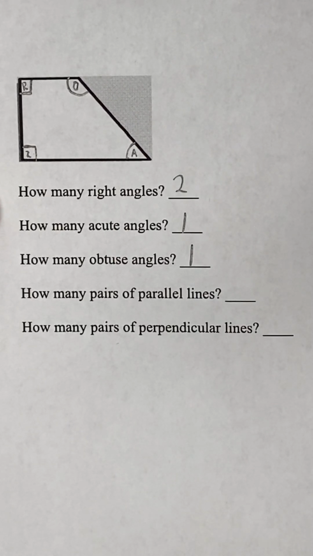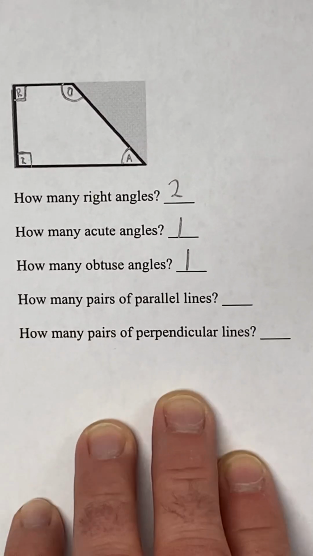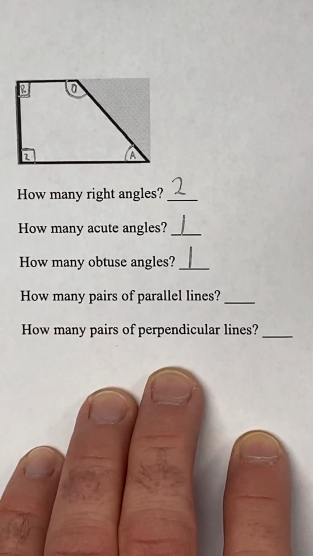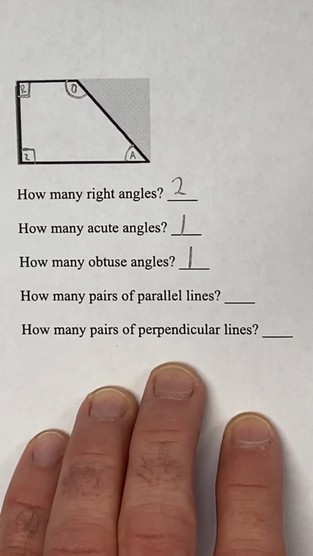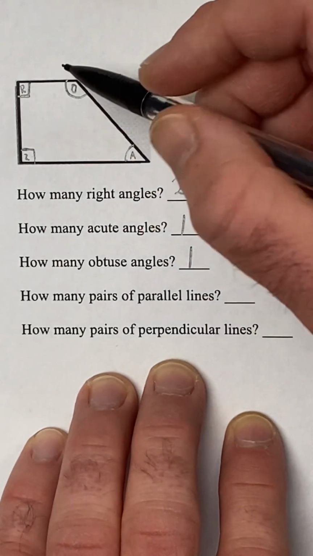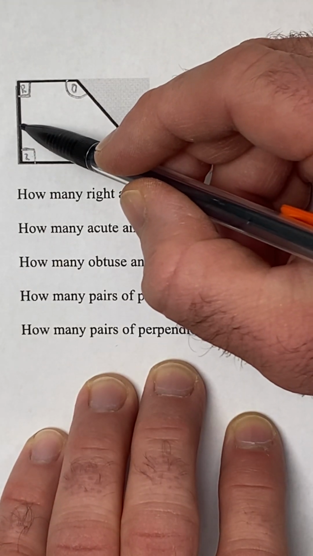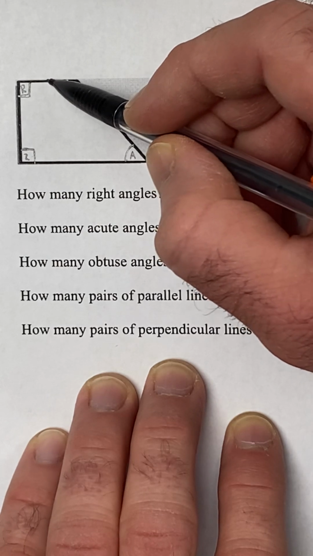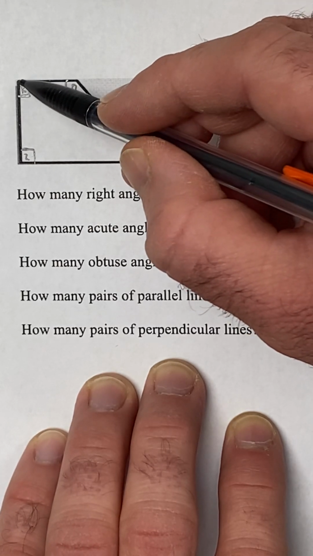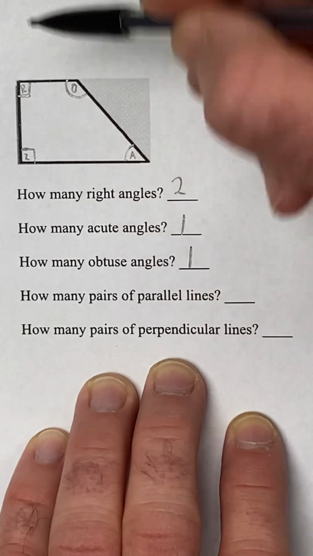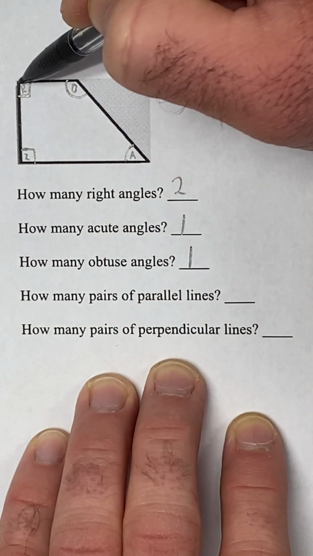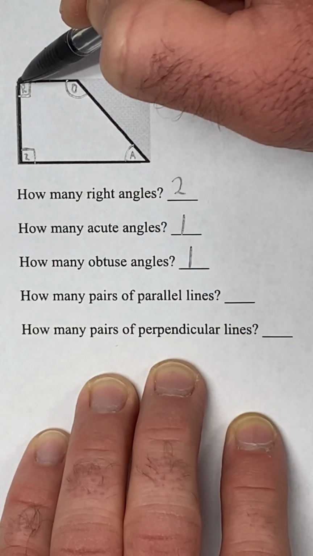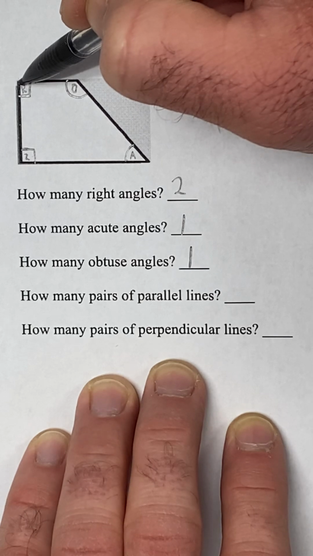Now, we're going to look for parallel lines. We have learned that parallel lines are lines that would never cross if they kept going. I can look at the left side and compare it to the right side or the top side, and we know that they will meet right here in the corner. So these are not parallel, they are intersecting.